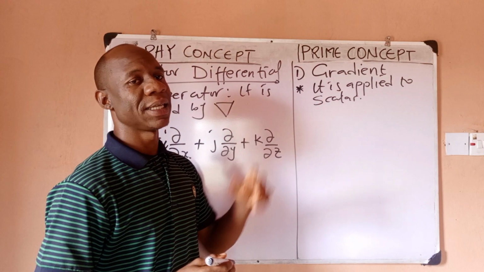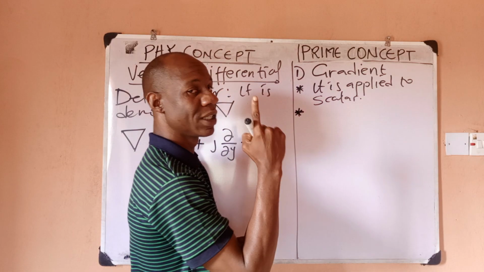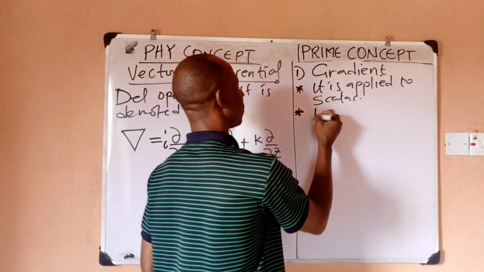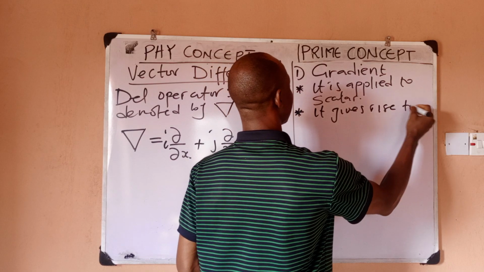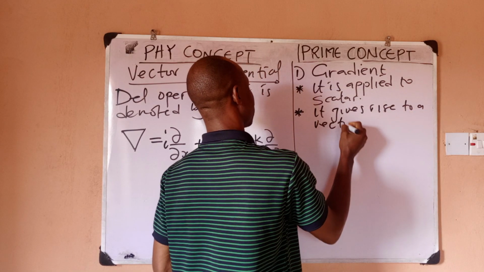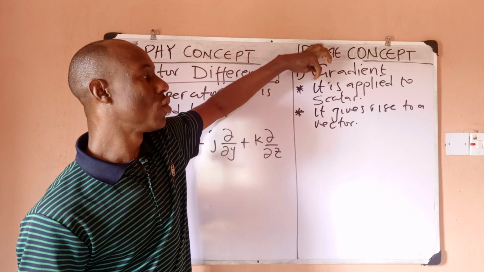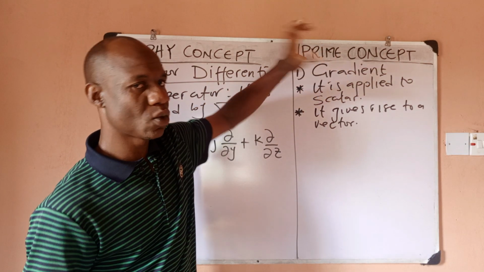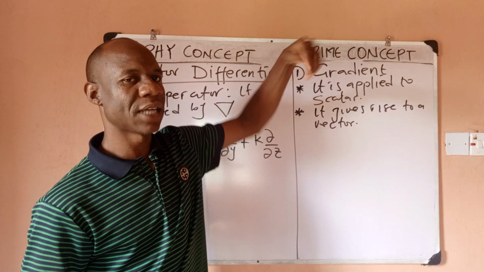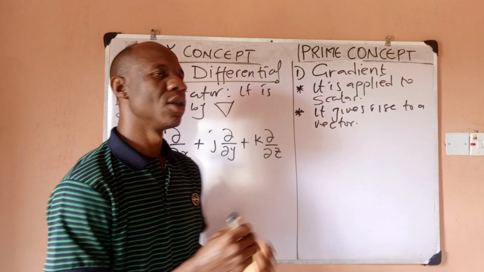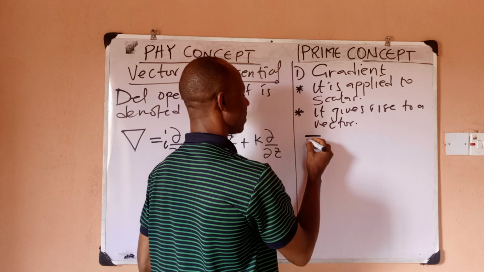Then, when you apply it to scalars, the second thing I want you to quickly know is that it will give rise to a vector. So what we're saying is that the gradient operator is used on scalars. That is one. And then when you use it, the gradient operator gives rise or results in a vector. So what is the symbol for the gradient operator? This is how we denote it.